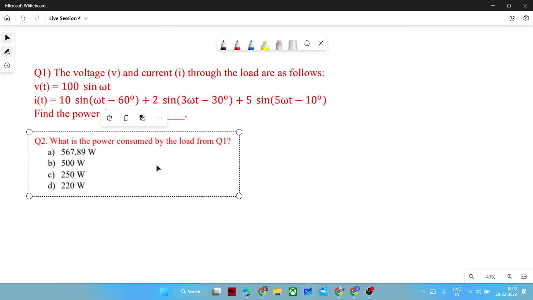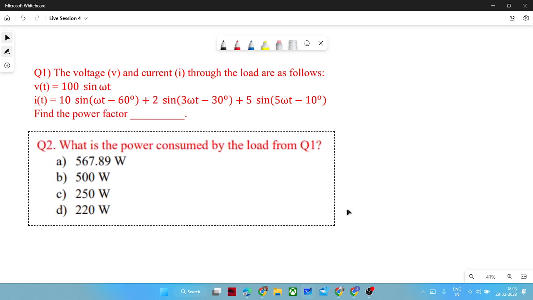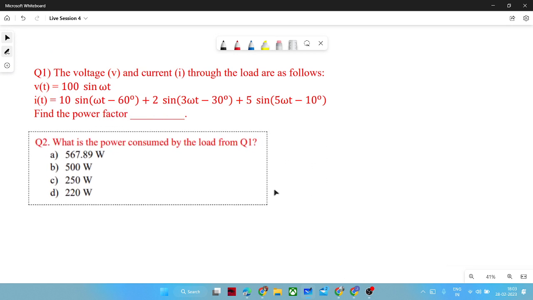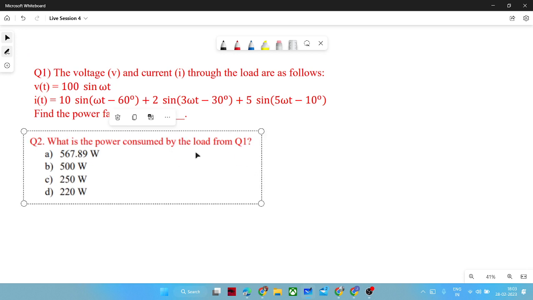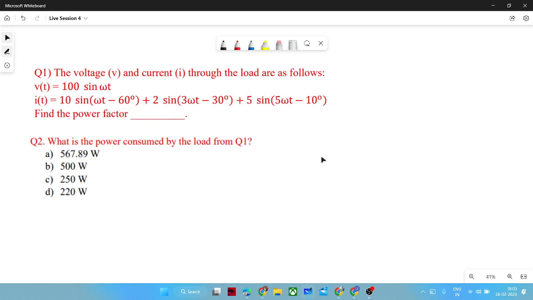We need to find out the power factor as well as power consumed by the load. Just by seeing, can you tell me the output power that can be consumed by the load? That is just one step solution.